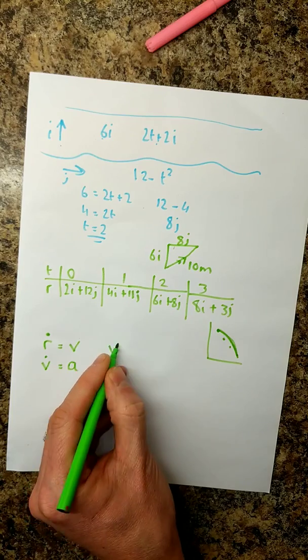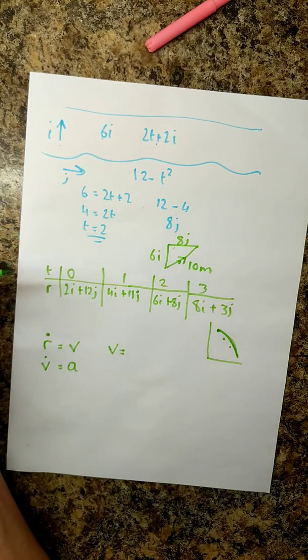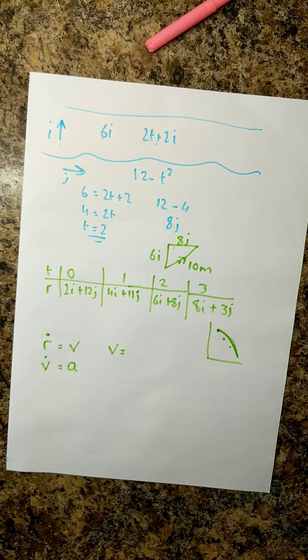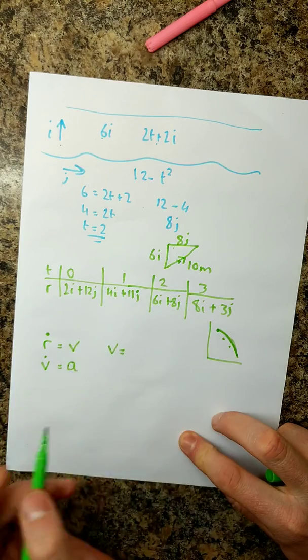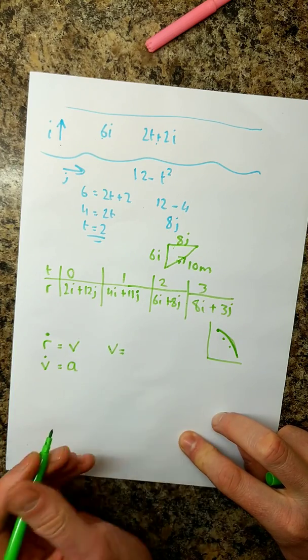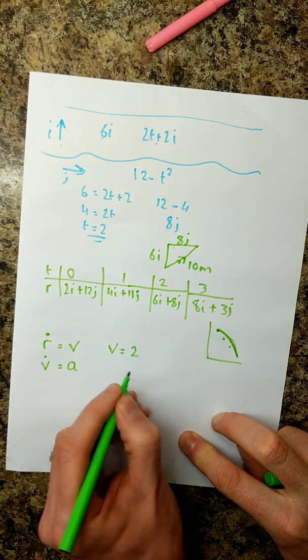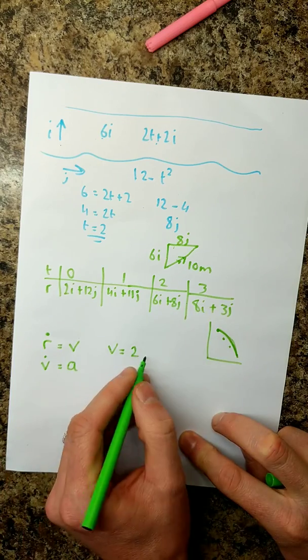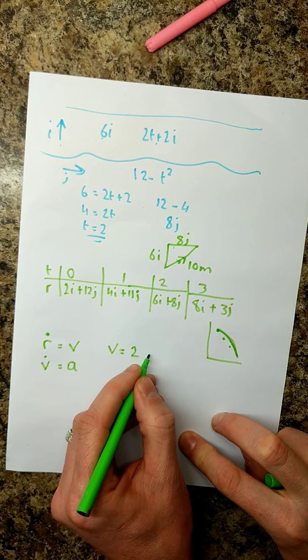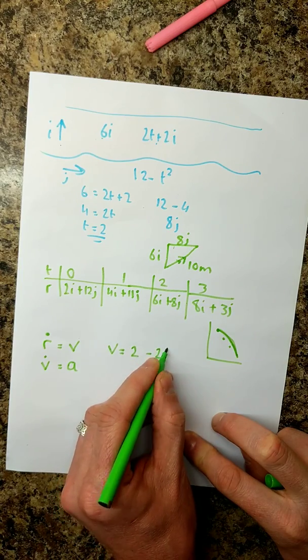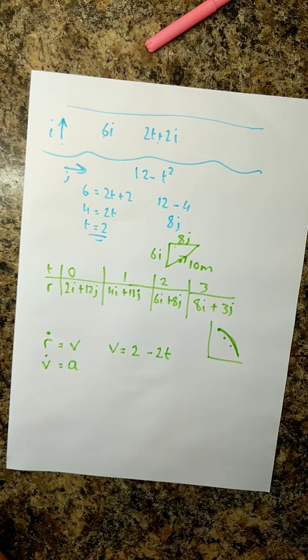So if we differentiate with respect to t, in the i direction we end up getting 2, and in the j direction we end up with minus 2t. So that gives us the velocity.